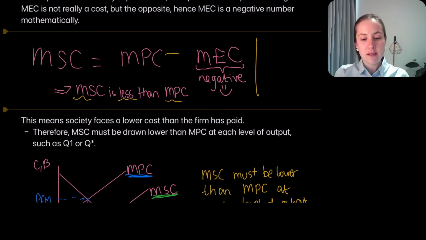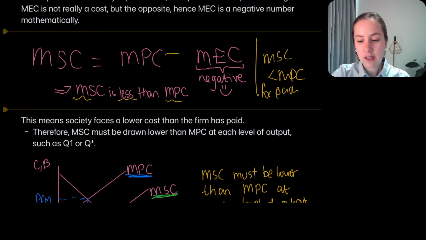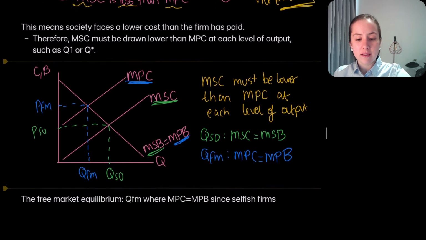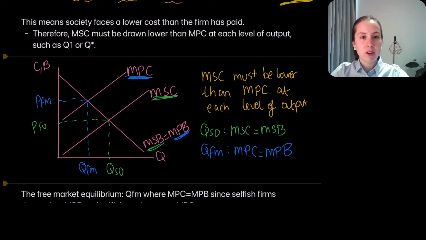And if you do this, since you're minusing something, you will find that the MSC will be lower than the MPC for each quantity, for each Q. And this last bit was actually quite important, for each quantity. To help you remember, it's a vertical shift, that the MSC should be lower because it faces a lower cost for each quantity than the MPC.